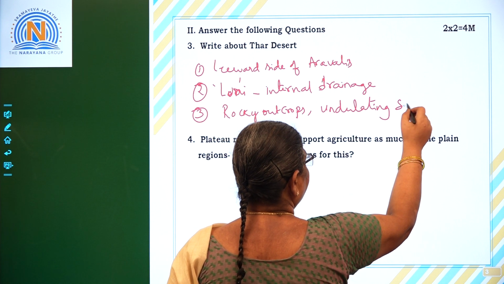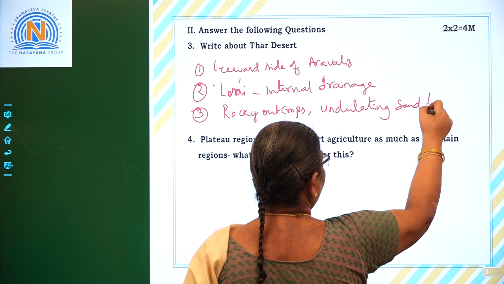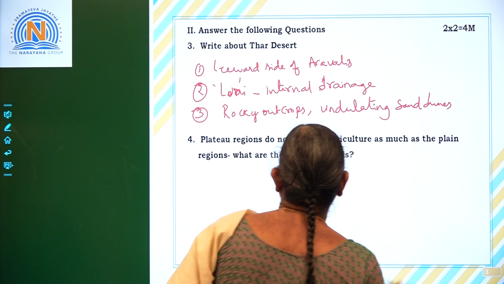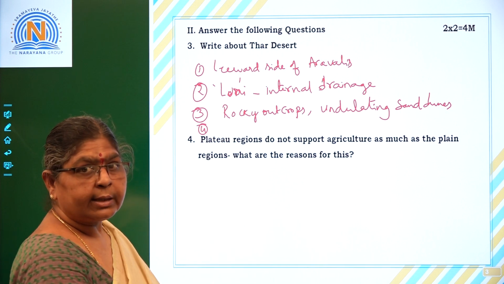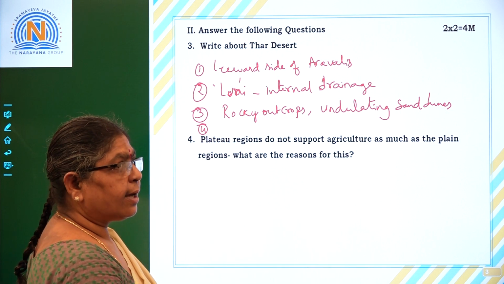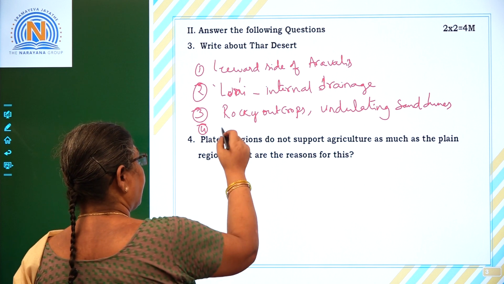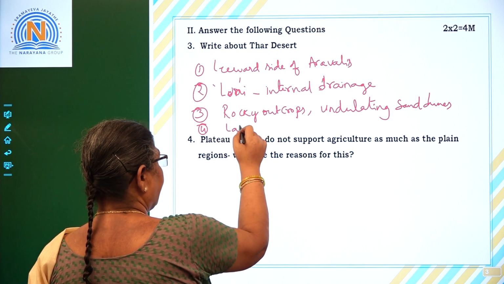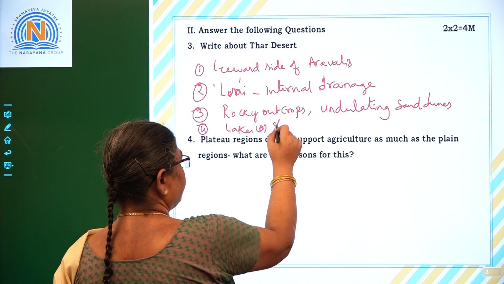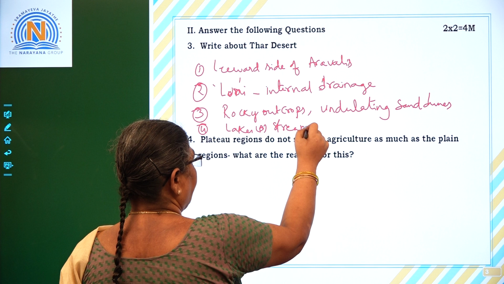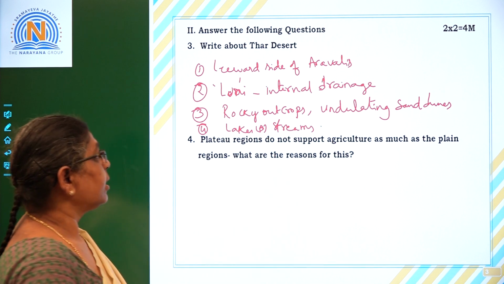So undulating sand dunes are also found in this area. And this Thar Desert gets water with the help of small lakes or streams.